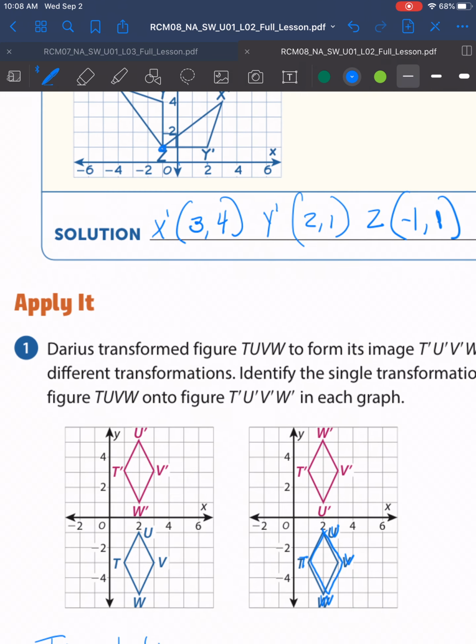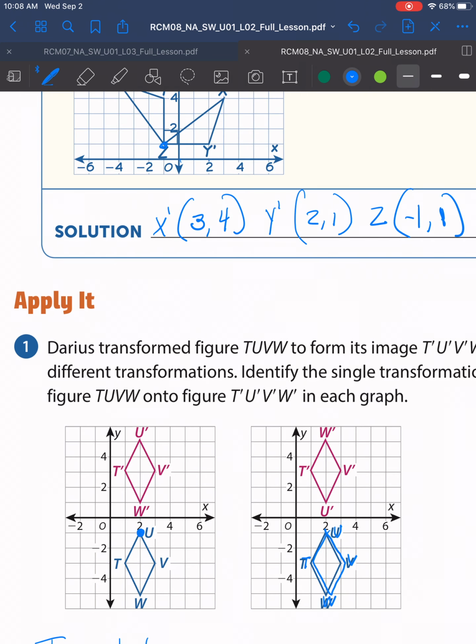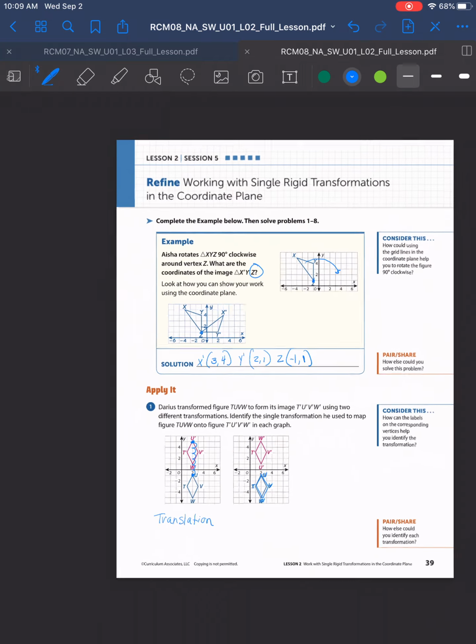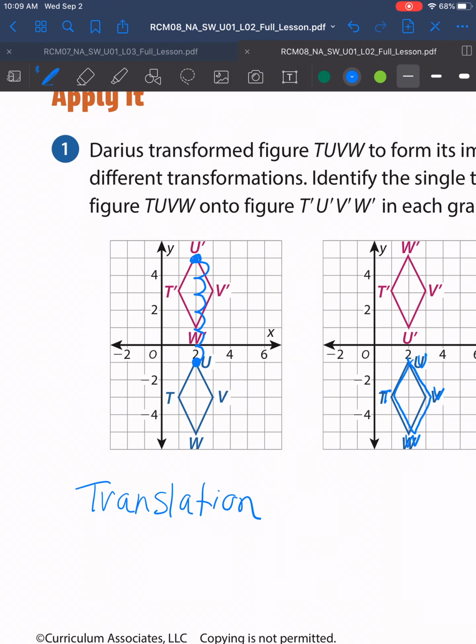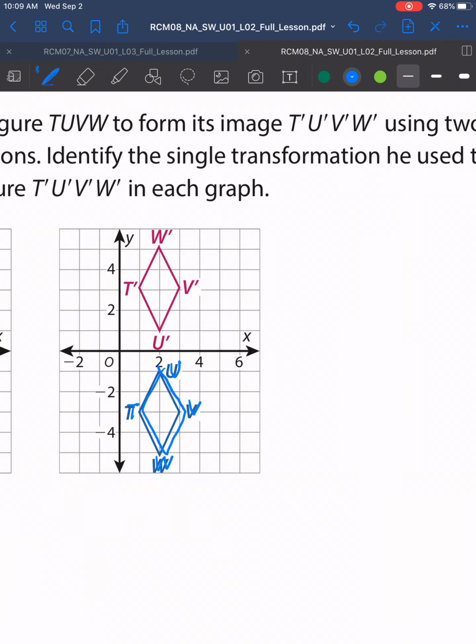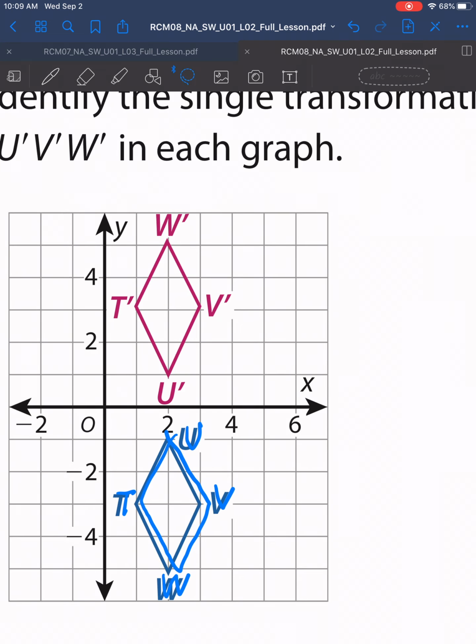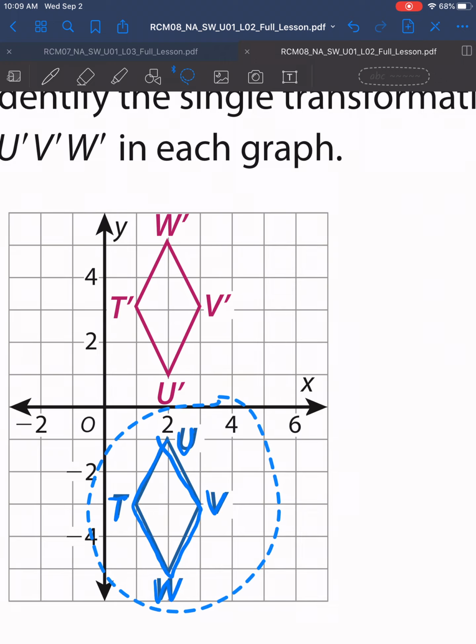And it looks like it went, so if I go from U to U', it went up 1, 2, 3, 4, 5, 6. So I'm going to say it's a translation of up 6. Now let's look at this guy. I moved him over here so I could see because it's still TUVW.